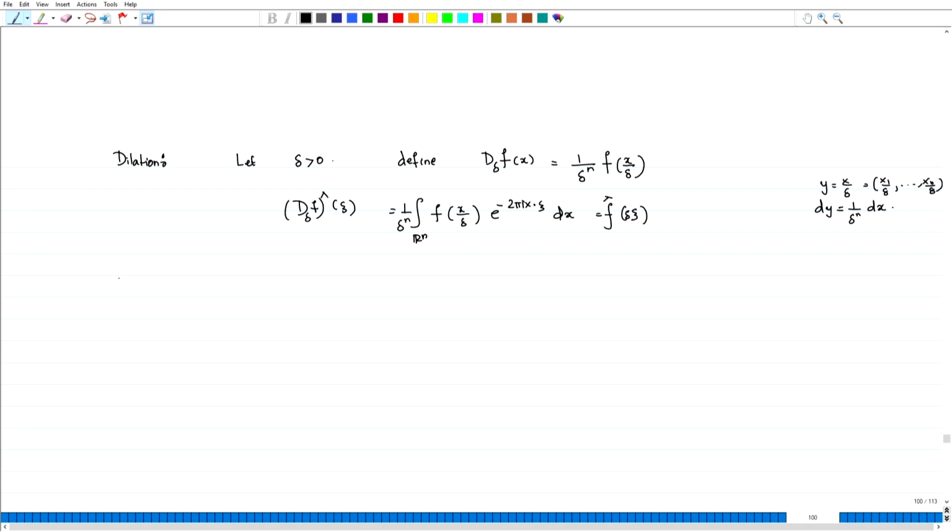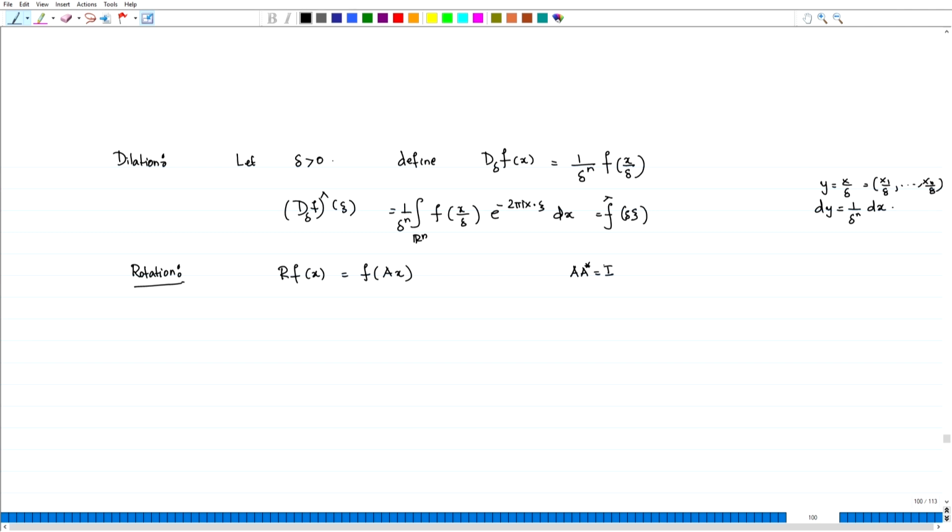Then we have something in Rn, in higher dimension, which we do not have in one dimension, that is called rotation. So, we can define a rotation Rf at x, which is equal to f of Ax, where A is an orthogonal matrix, which means A star A is identity.